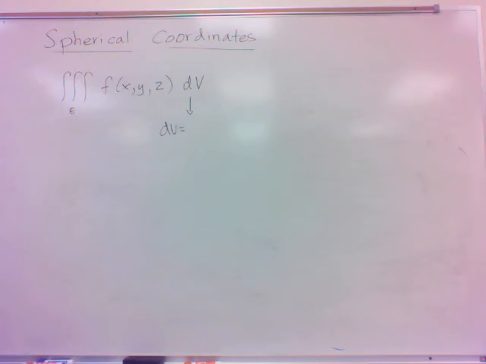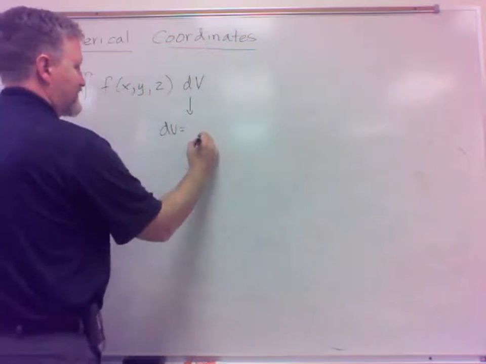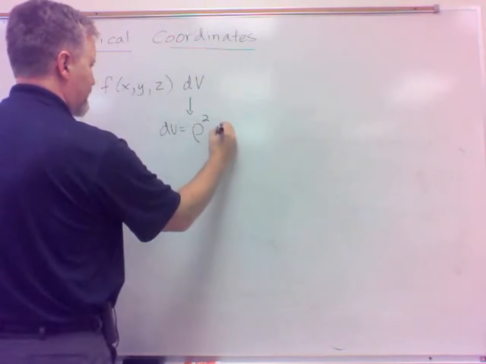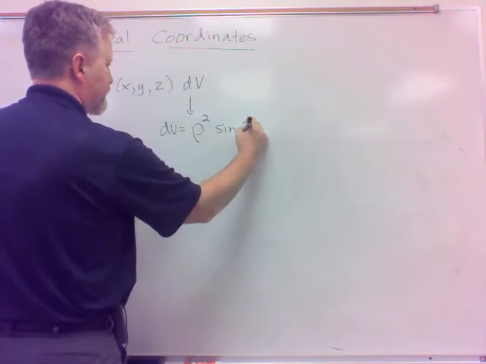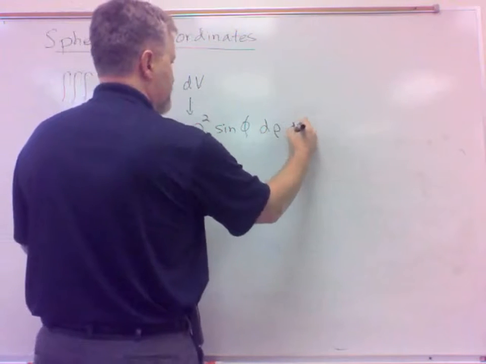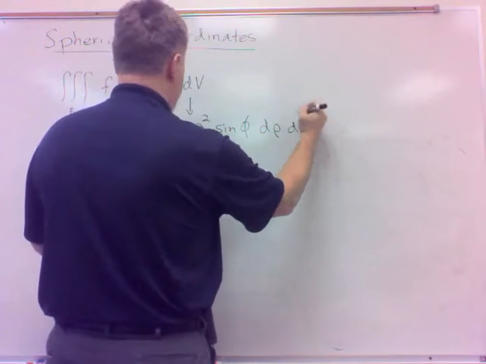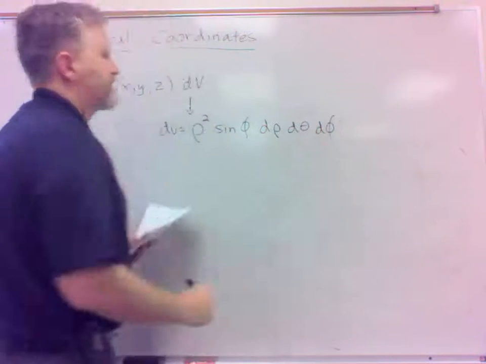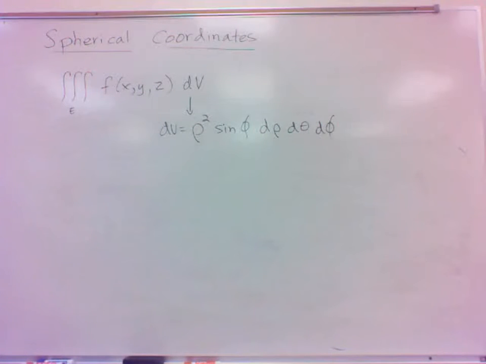Well, in spherical coordinates, dV equals rho squared sine of phi d rho d theta d phi. So that's the conversion there in spherical.